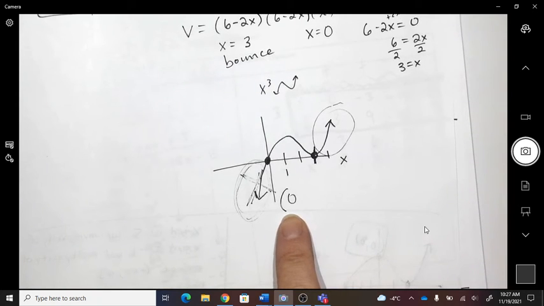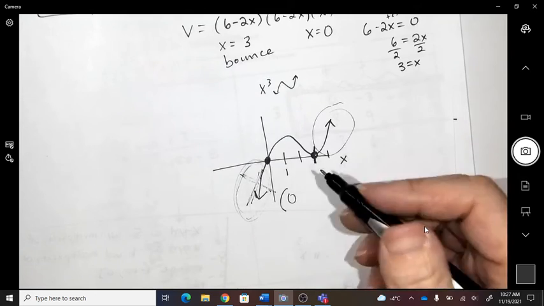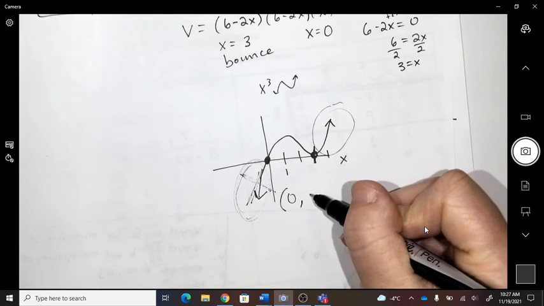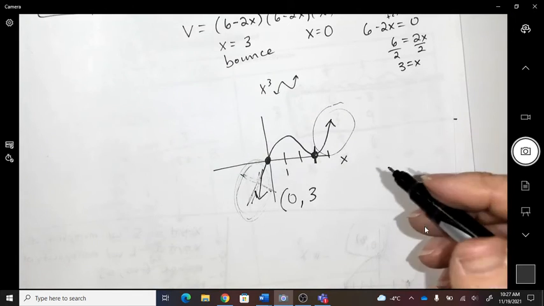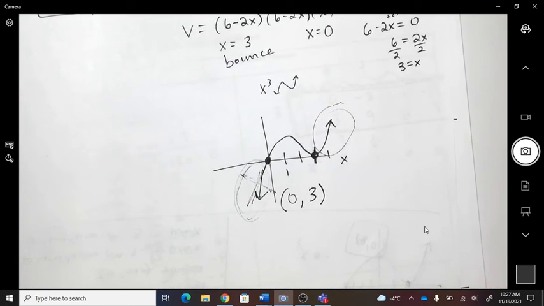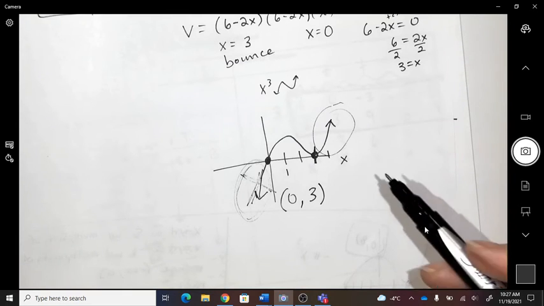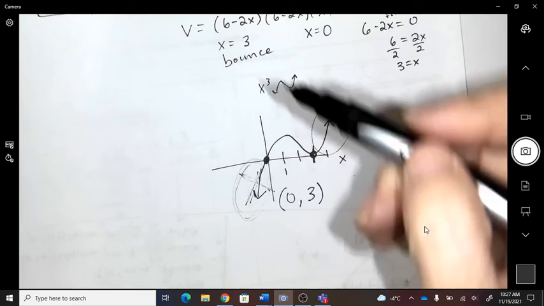So I'm going to put a round bracket on it because I can be as close to 0 as possible, but it can't be exactly 0. This is a 3. Can I have exactly a length of 3 for x? No. Because what happens if you cut 3 off and 3 off? What happened to your 6? It's gone. Can you have a length of 0? No. Okay, so that's our domain.